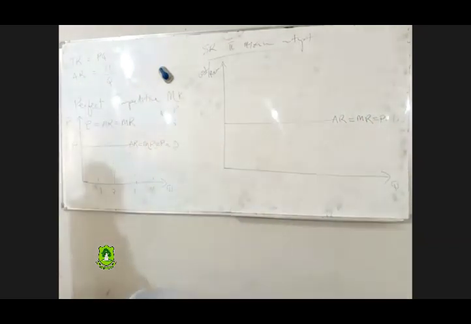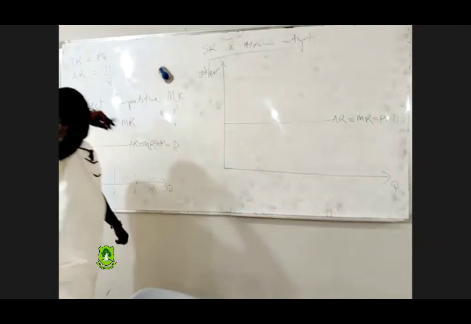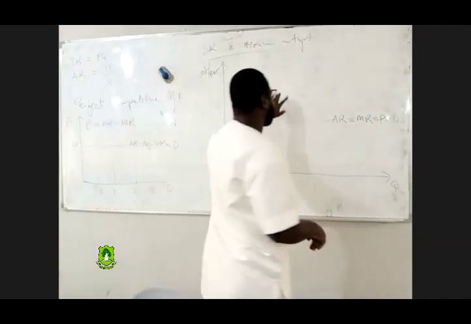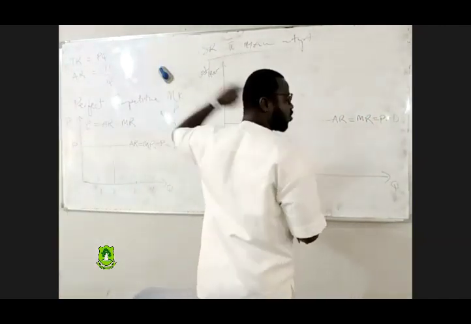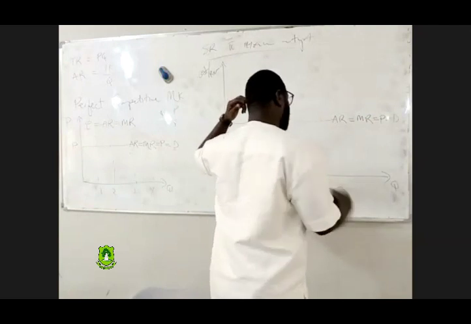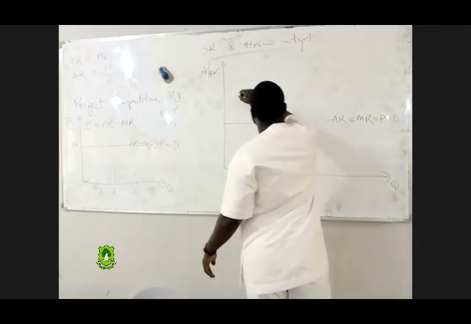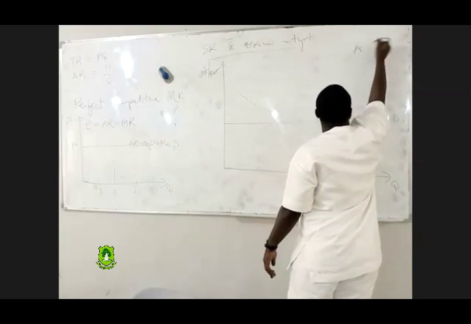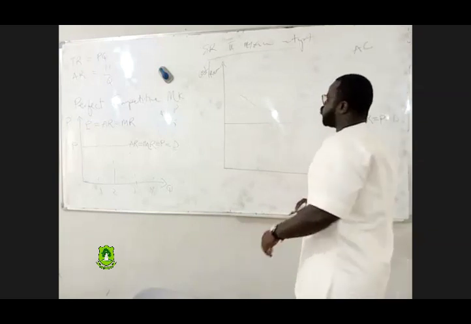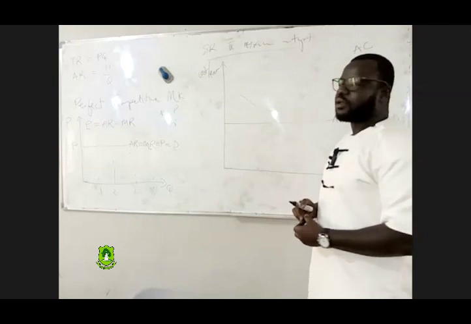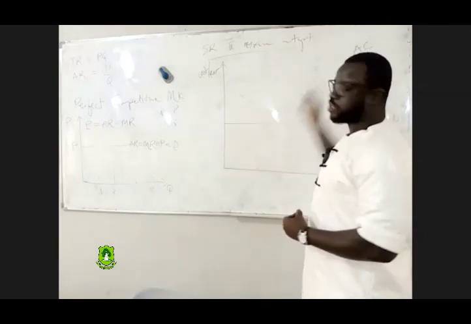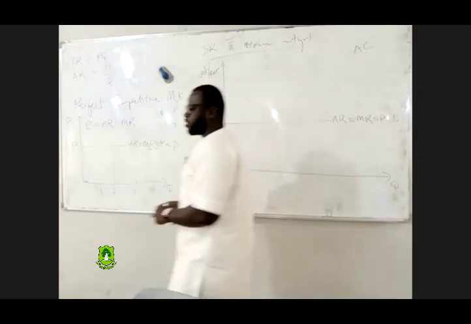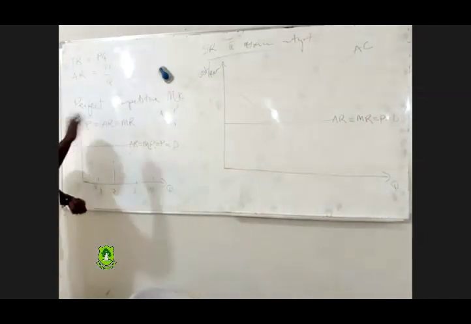Now, from the cost side, we also have the average cost and the marginal cost. Here, I'm just going to use only the average cost and the marginal cost. We can add the rest.